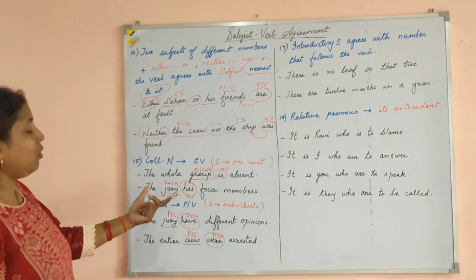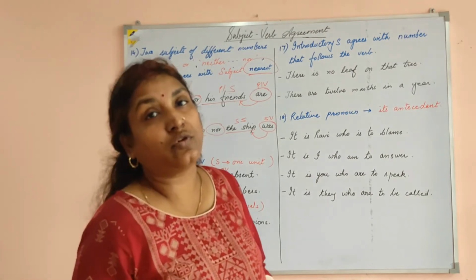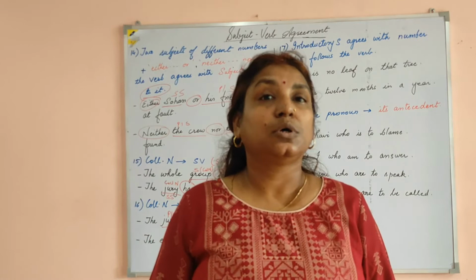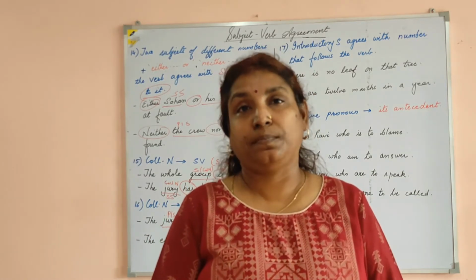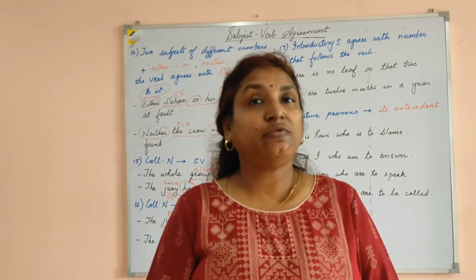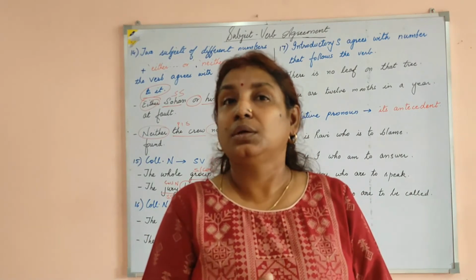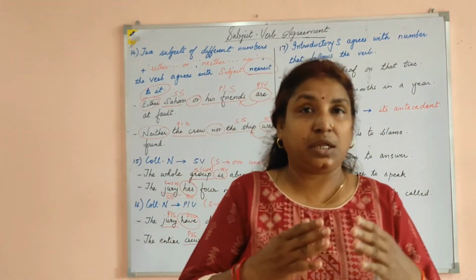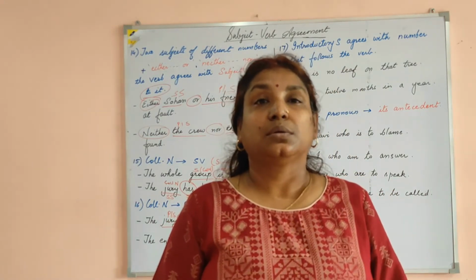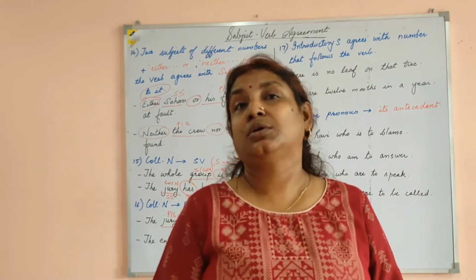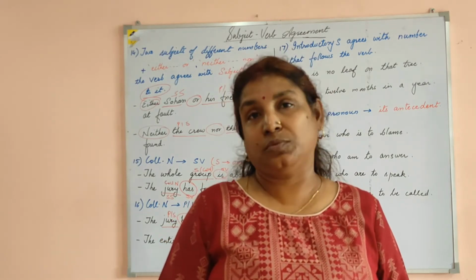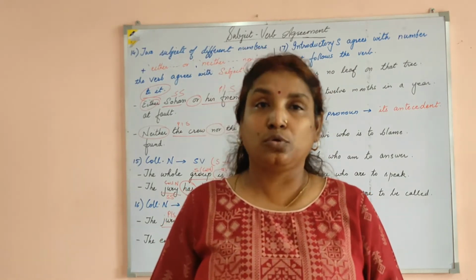So depending on the use of the collective noun in a sentence, the verb can be singular or plural. When the collective noun is taken as a whole unit, it is singular, and when it is taken as individual members of that unit, then we make use of plural verbs because the subject becomes plural there.